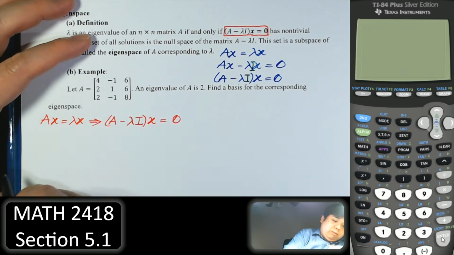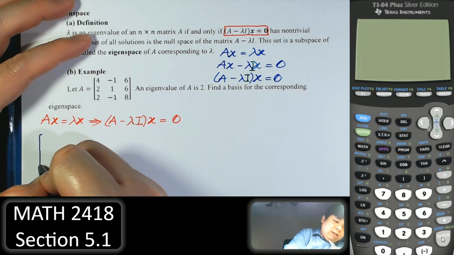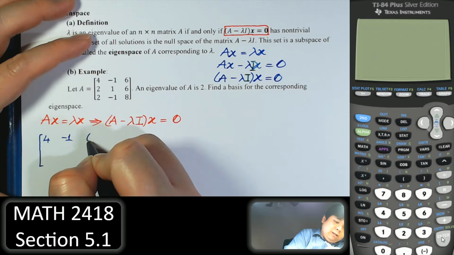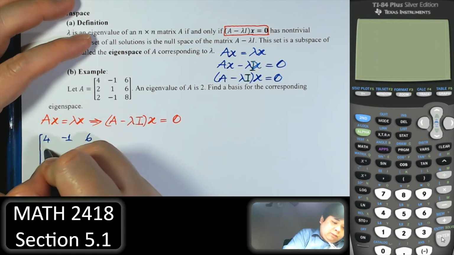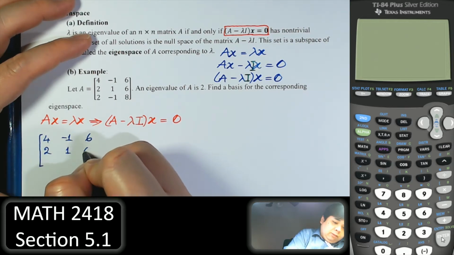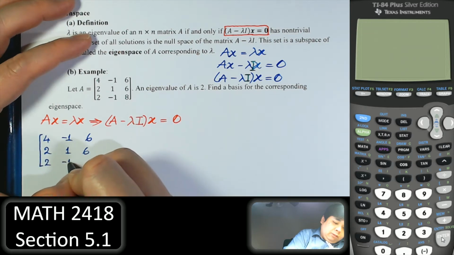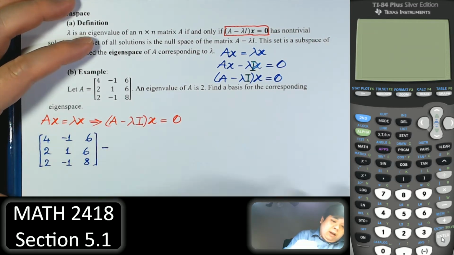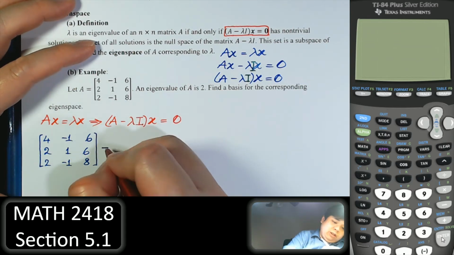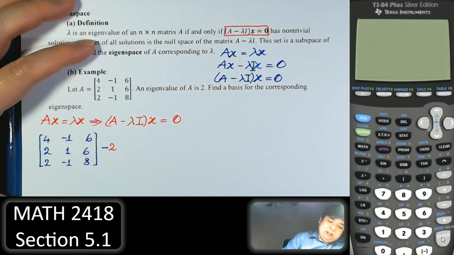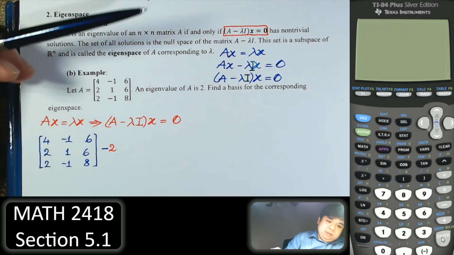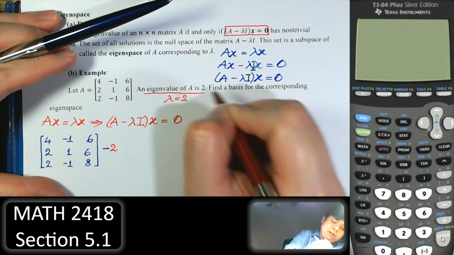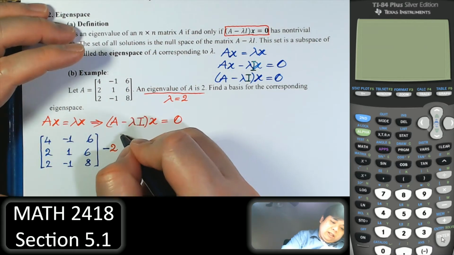So I'm just going to have the matrix A minus lambda, which is 2, since the eigenvalue is 2, and then times the identity.